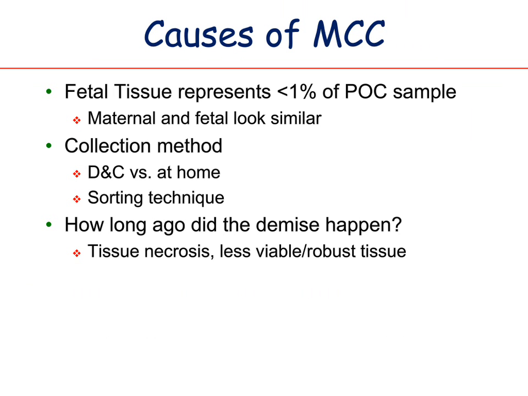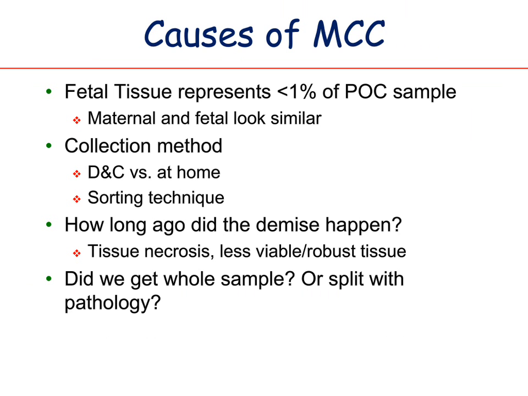But as this study will show, that is less significant when you are taking direct tissue and doing molecular analysis. Whether you got the whole sample matters too; in some institutions, the sample is split with pathology. In some cases, pathology ends up sending formalin-fixed tissue. These are all issues that can be addressed at some stage to decrease culture failures and maternal cell contamination rates.